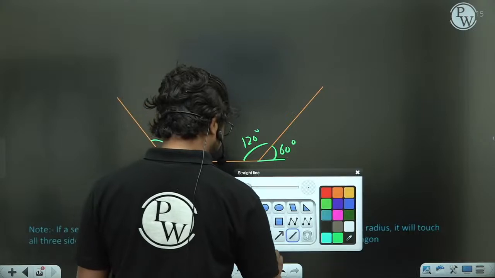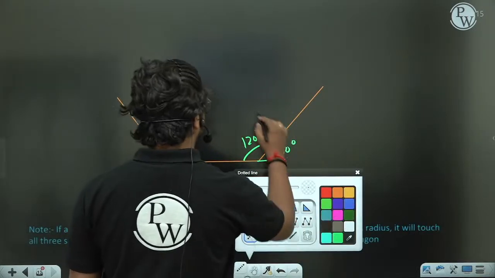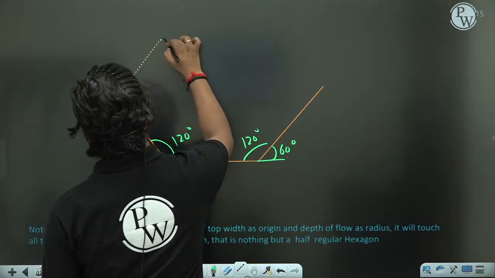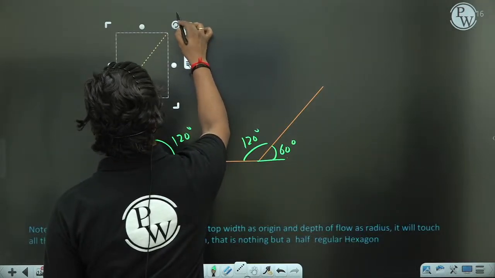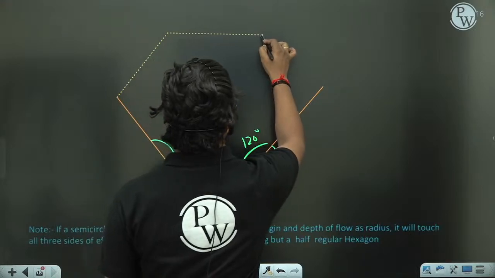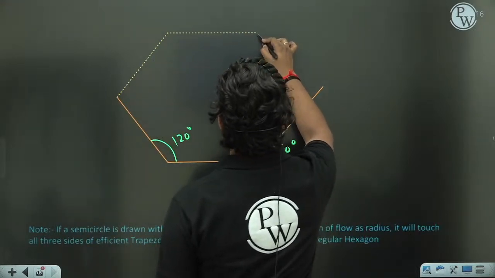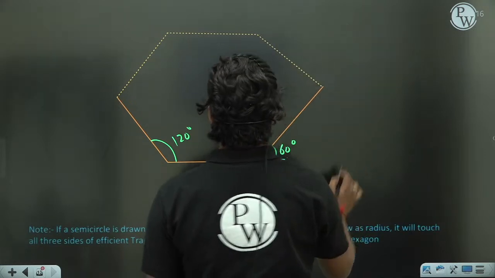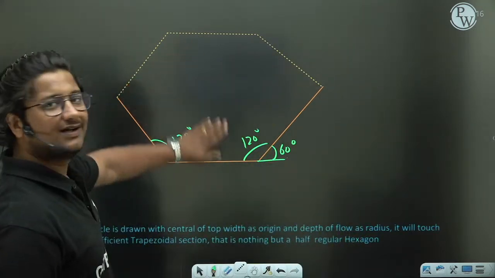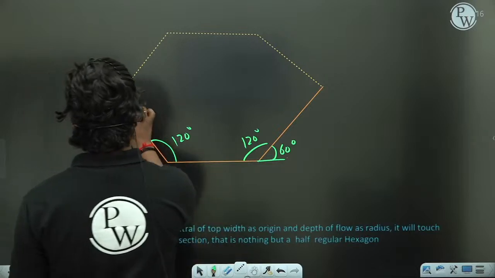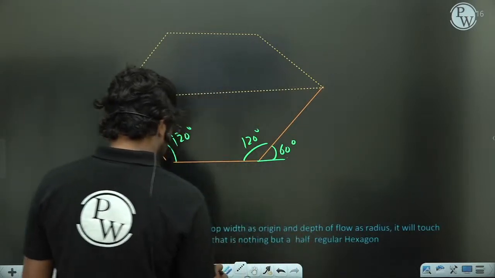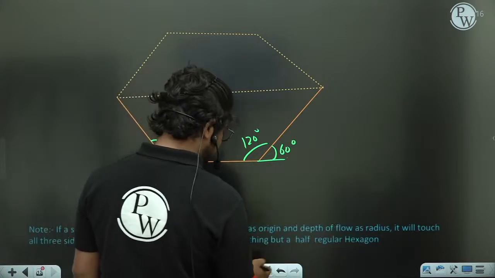So how can I show it to you? Look. It is nothing but the half of the hexagon. Another property of the hexagon will also be valid here.